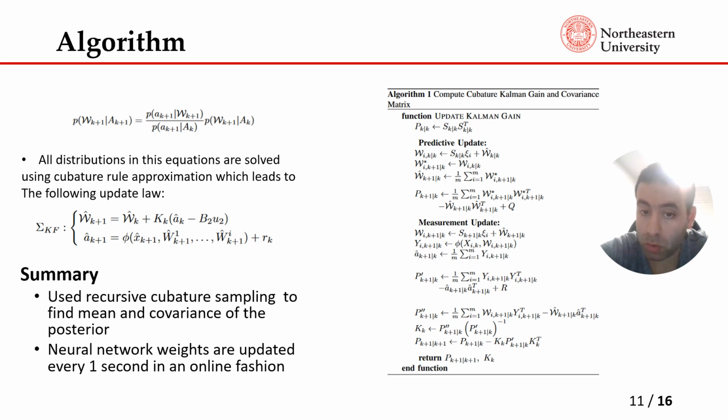Then we apply this algorithm recursively until the weights stabilize and we reach a final value of w hat. In summary, we use the recursive Cubature sampling to find the mean and covariance of the posterior. The neural network weights are updated every 1 second in an online fashion, which we will describe in the following simulation.